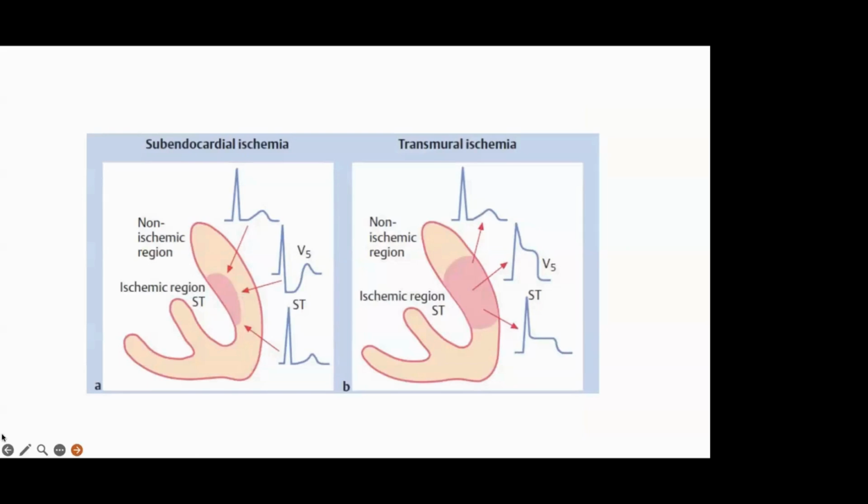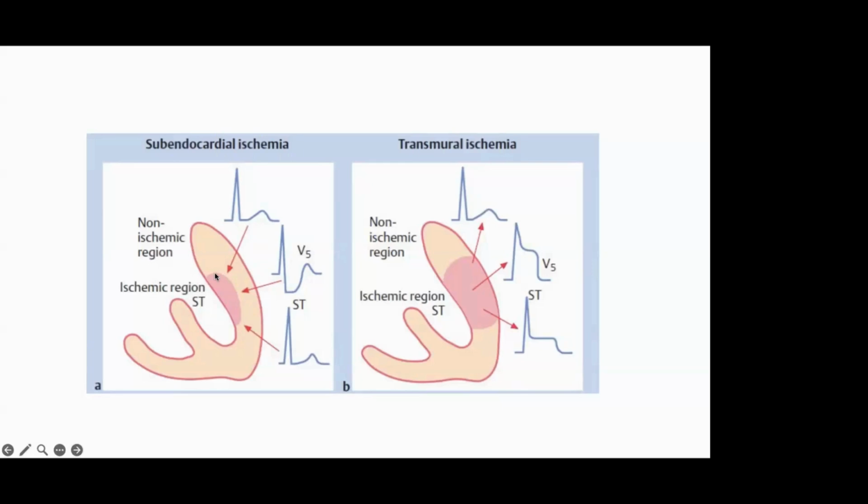In NSTEMI, you usually see subendocardial ischemia, because the subendocardium is the farthest from the coronary artery. The coronary artery runs on the epicardium, penetrates and goes to the subendocardium. So it is the distalmost part of the myocardium which is perfused, the last perfused area. Whatever flow compromise happens, the subendocardium is affected.